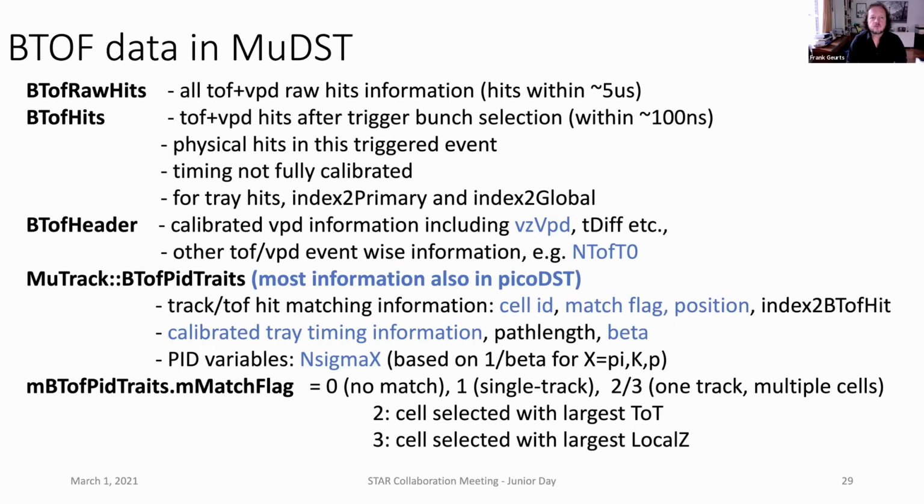To select the best one, we first look at which of the cells has the lowest time over threshold, the idea being that corrections are less for large time over thresholds. So if we find the largest, we pick that one. And if that still doesn't come to a conclusion, then we look at the local Z correction and make sure that we select the cell that has the most optimal local Z value. So that's really what the magic is of 2 and 3.